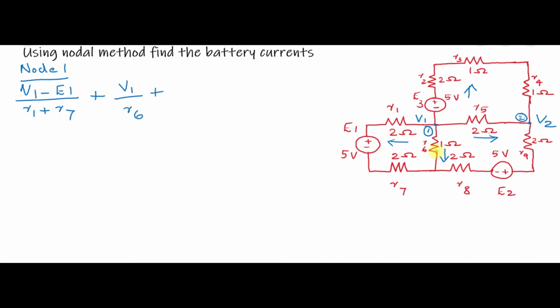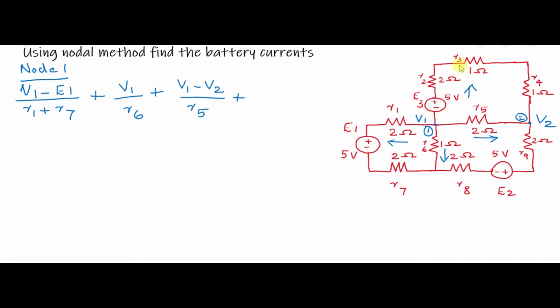Then between V1 and V2 there is a resistor R5. I have considered V1 potential higher than V2, so V1 minus V2 divided by R5. Then this circuit is also coming to V1. So I can assign V1 plus E3 because it is from negative to positive.